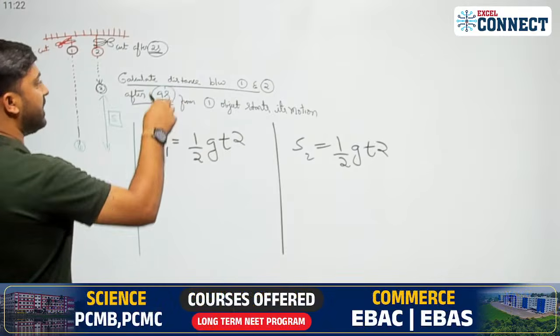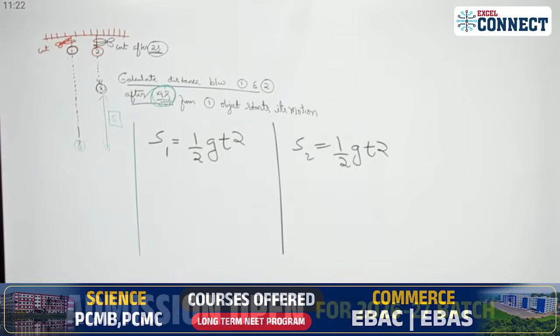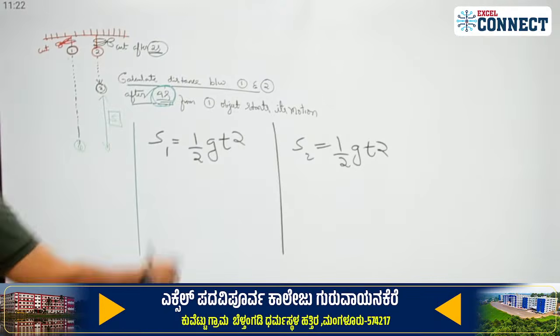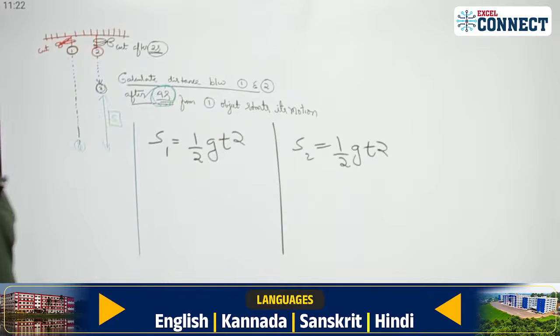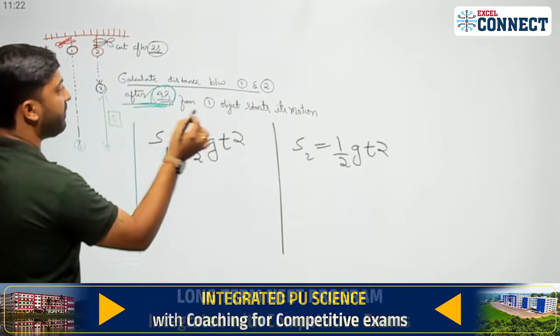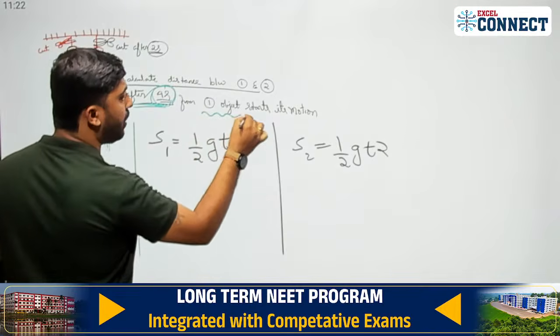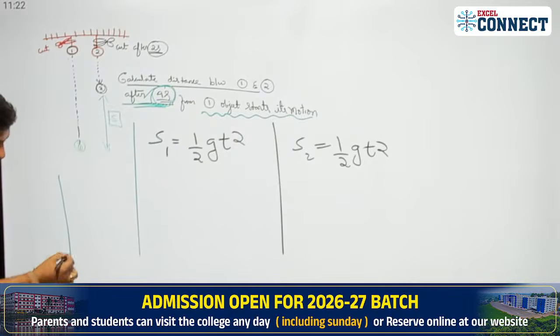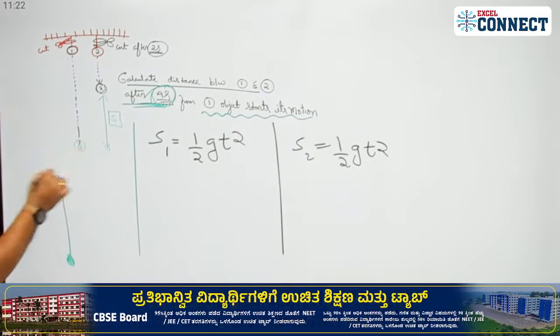You have to calculate the distance between the 1 and 2 objects after 4 seconds from when the first object starts its motion. So, when the first object starts its motion, total time is 4 seconds, okay?